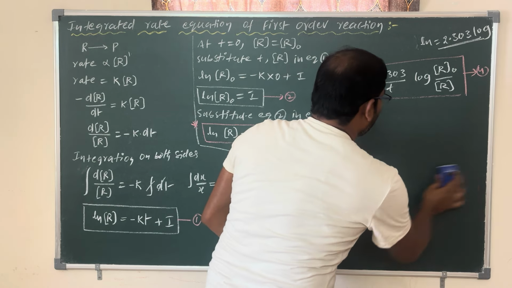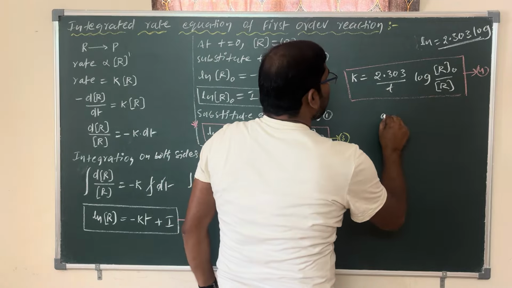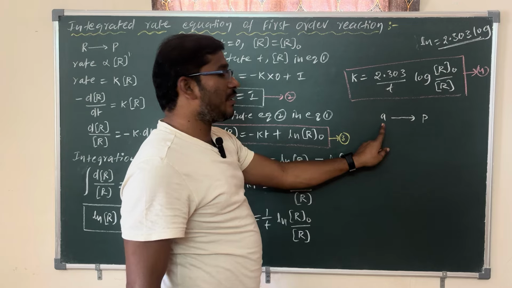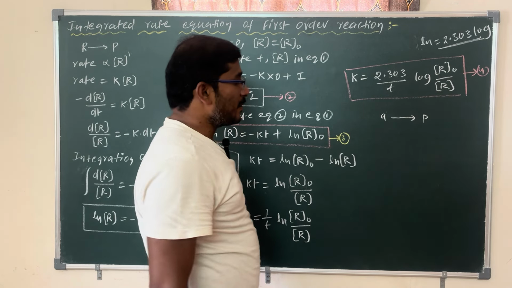What is the other form of that formula? For example, I take A, the reactants, converted into products. A is nothing but reactants. A is giving rise to products.